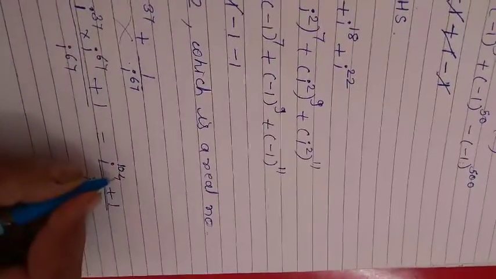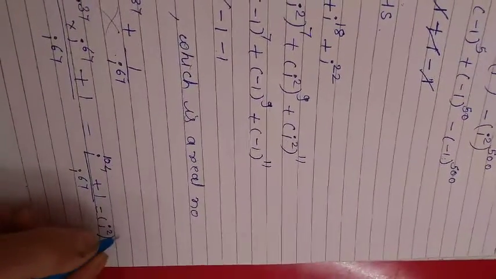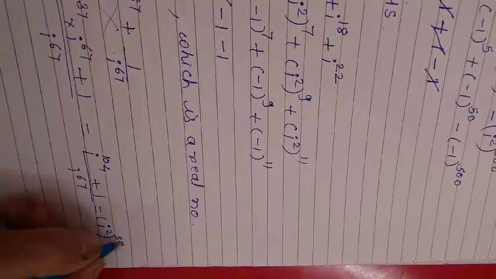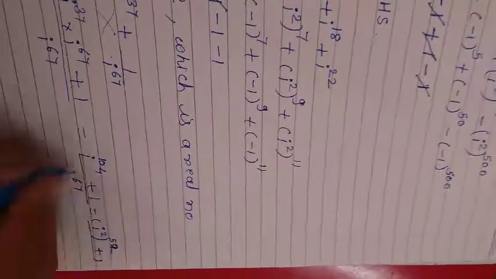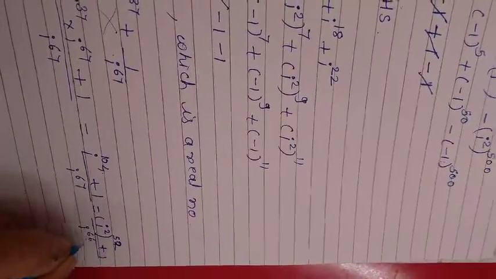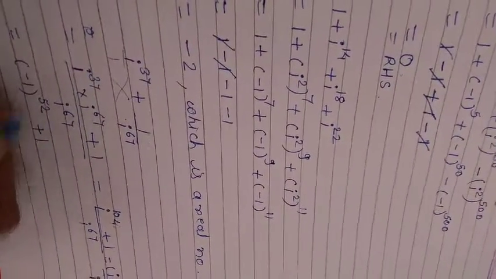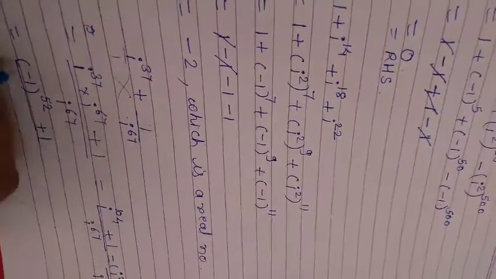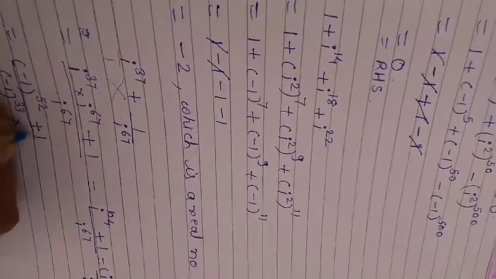Now i^104 we will write as (i^2) to the power 52, because 2 2s are 4 and 5 2s are 10, and this is +1. And this we will write as i^66 into i. Now (−1)^52 + 1 upon i^66 we will write as (i^2)^33. So (−1)^33 into i.